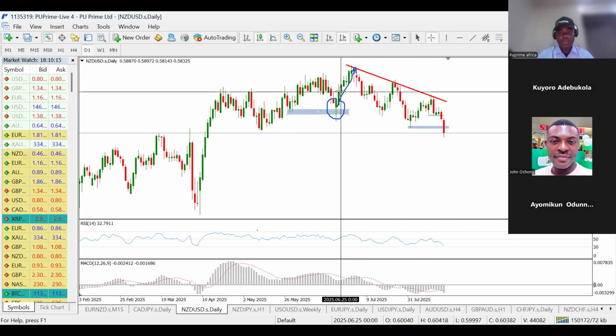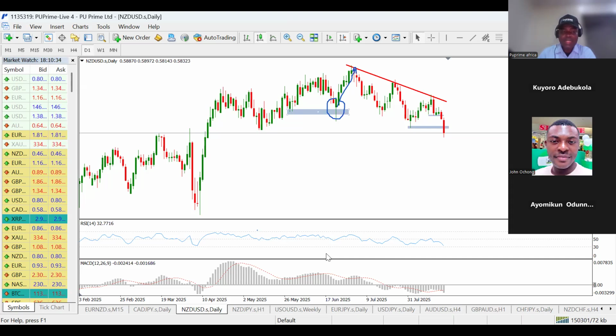If you look at the close of the confirmation candle, from there upwards, price was able to generate about 108 pips, which is not bad in any way for any kind of trade, whether day trade or swing trade. That is the power of the hammer candlestick pattern.